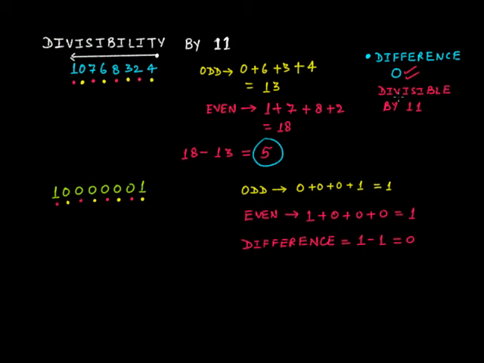That is, if the difference is 0, then that number itself will be divisible by 11. Therefore, we will say that this number is divisible by 11. It satisfies the condition. Why? Because either the difference should be 0 or the difference should be divisible by 11.